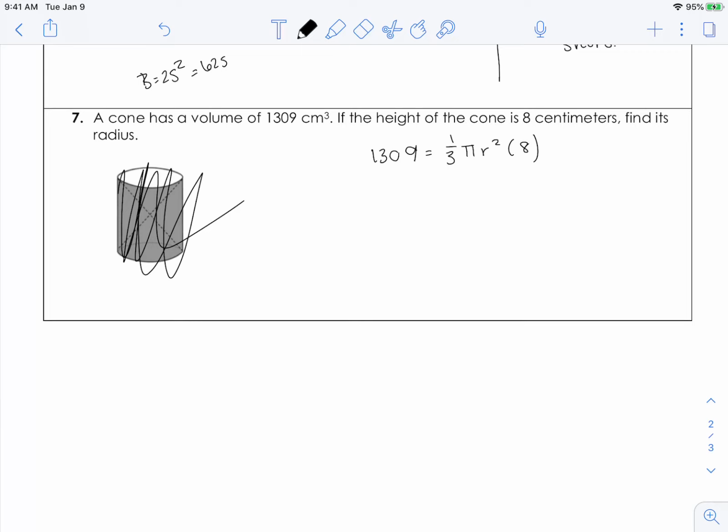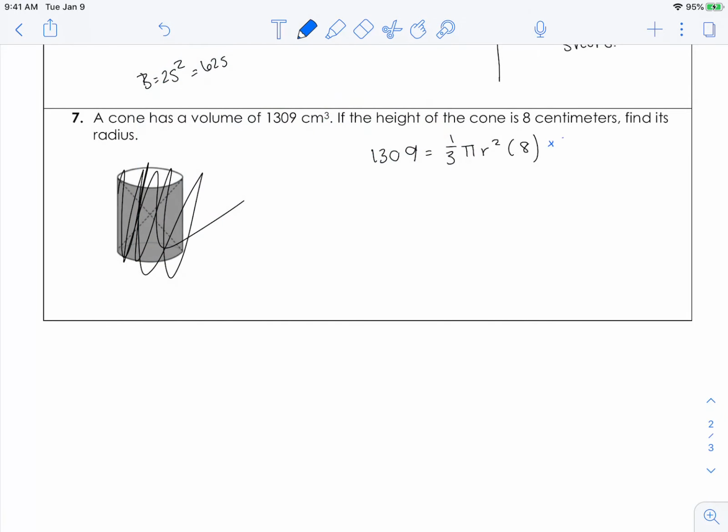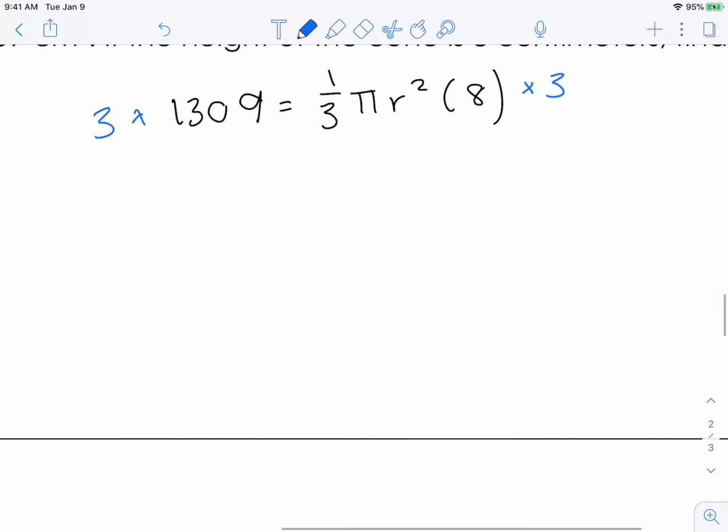So I'm going to actually multiply by 3 to get rid of the 1/3. Okay, so I get 3,927 is equal to pi r squared times 8.